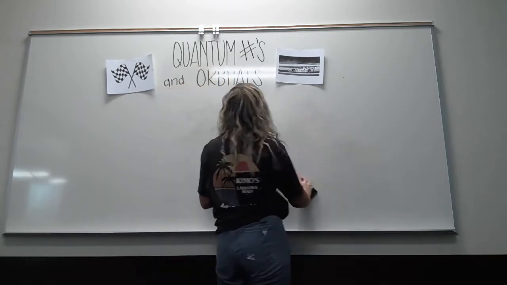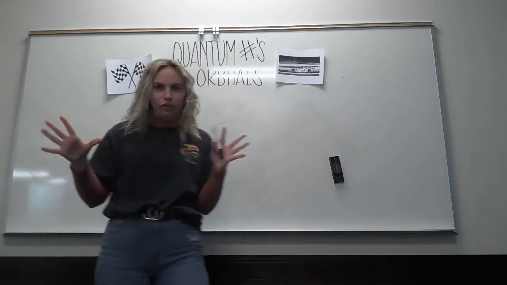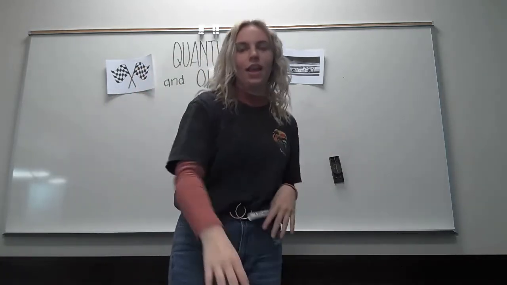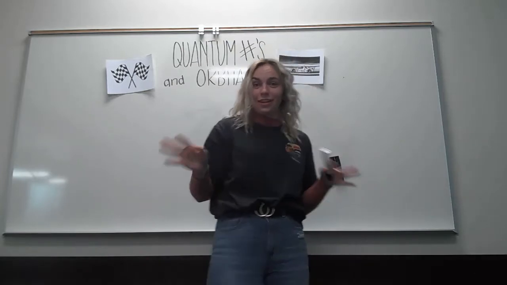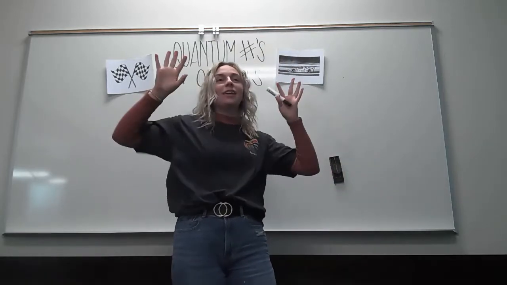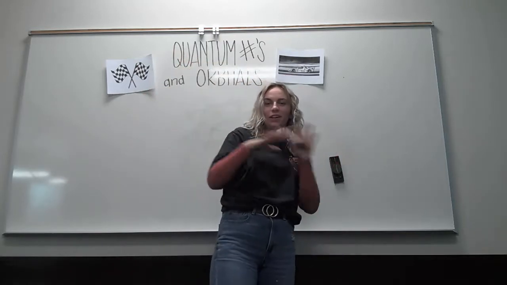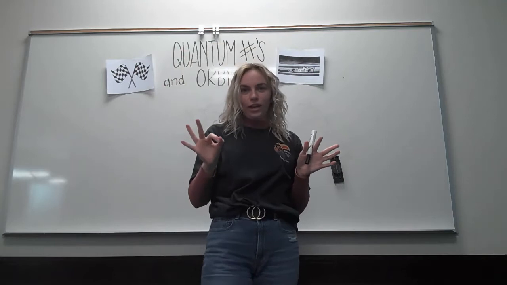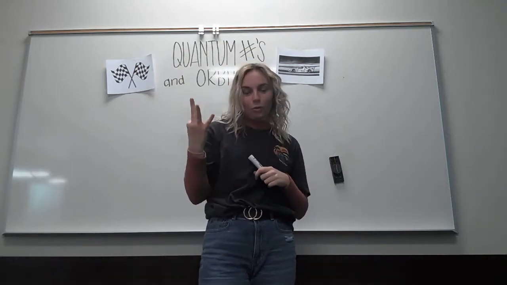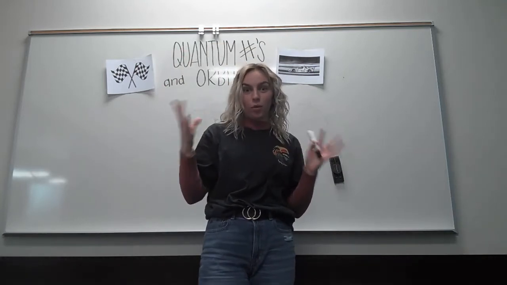So now that you have a concept of what orbitals are, we are going to move on to quantum numbers. And I know the first time I heard quantum, I thought quantum physics, and I thought it was really hard, and it kind of is, but if you take a step back and look at it visually, then you'll be able to understand it a lot more. For the first part, there are 3 different quantum numbers that can be used to describe the orbital.